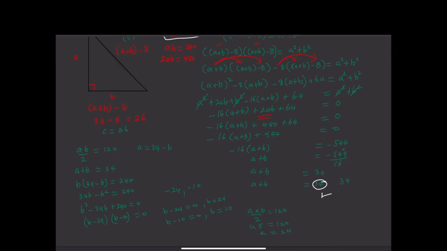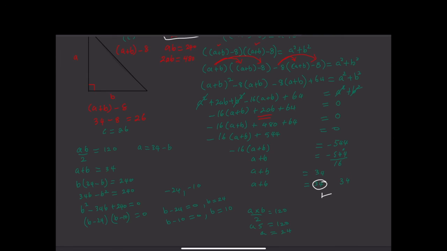Okay, so when a is 24 and b is 10, if I multiply those two together, I get 240, and when I add them together I get 34, and when I subtract 8 I get 26. And if I did use 24 as well, that would be 10. So that works as well if I use 24.